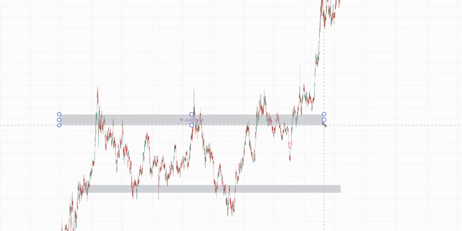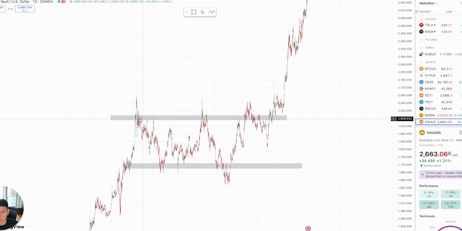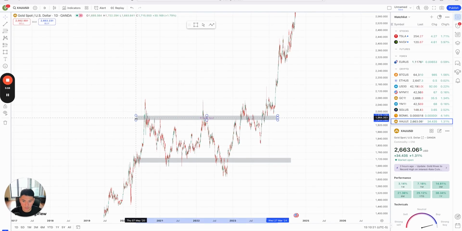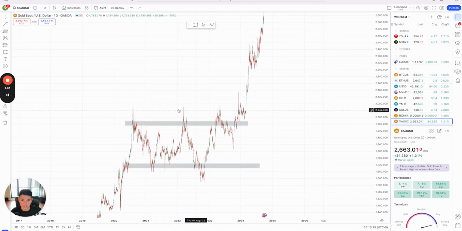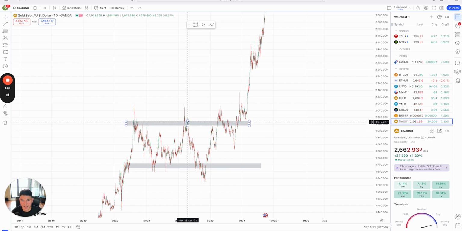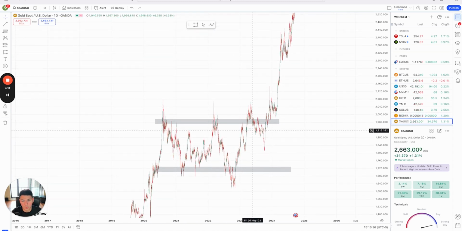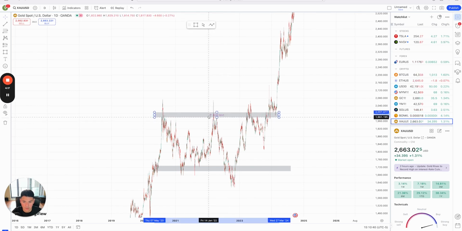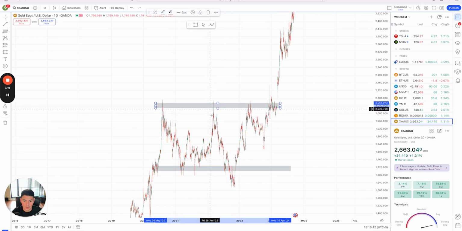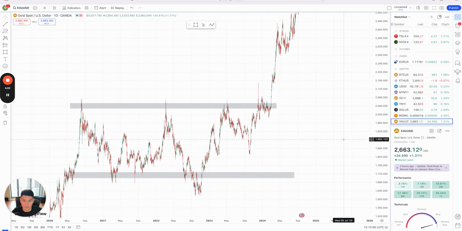That's how you identify resistance. You are going to be identifying resistance where most of the touches happen within the same range. Because if I were to look at these little wicks right here as resistance, and I were to move my resistance from here all the way back here, that could be considered resistance.